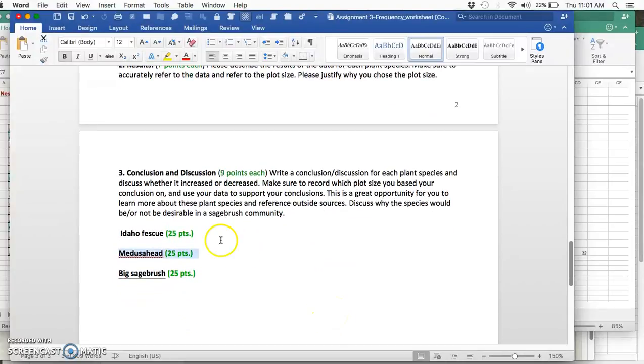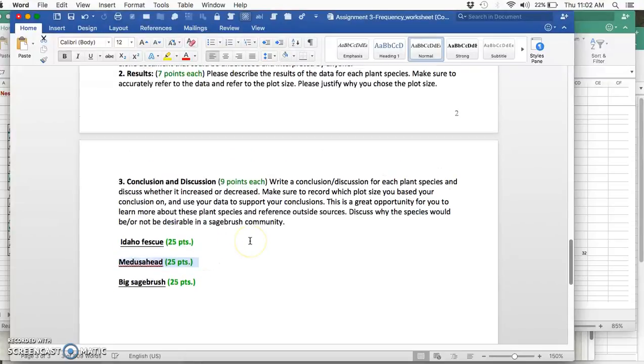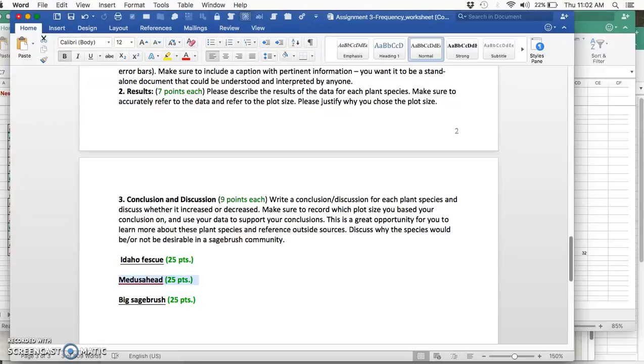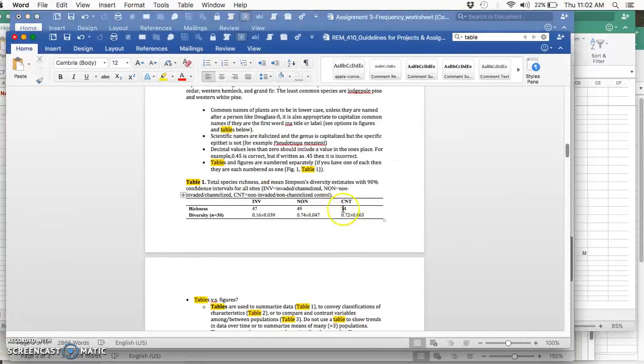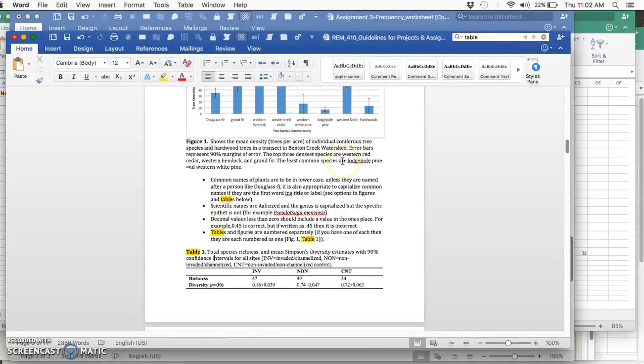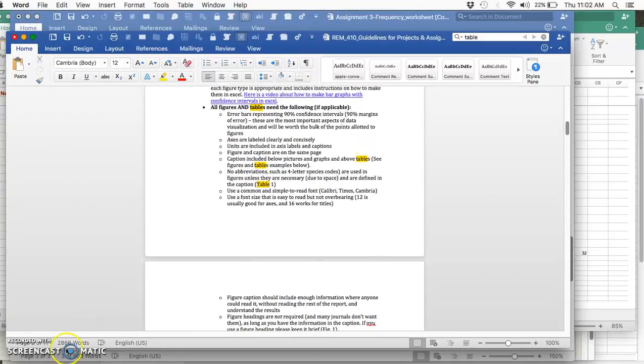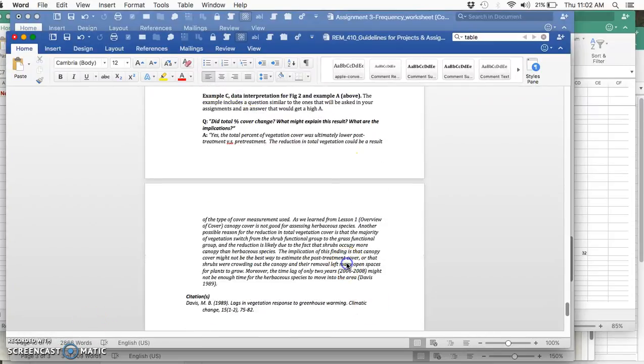And then also please review APA format for citations. You need to have in-text citations. On the guidelines for projects and assignments, there is an example of a conclusion here.